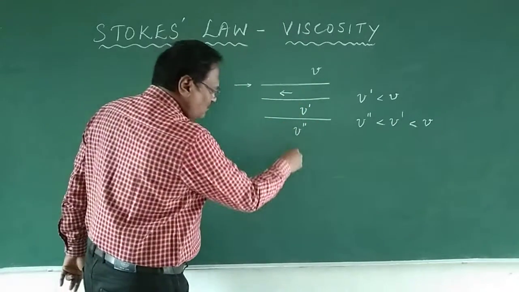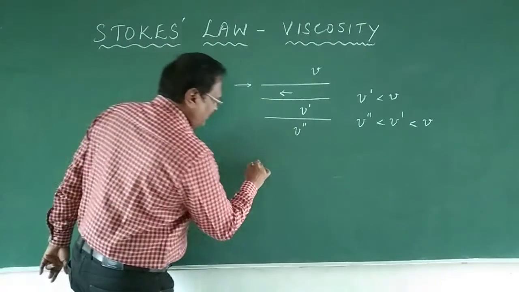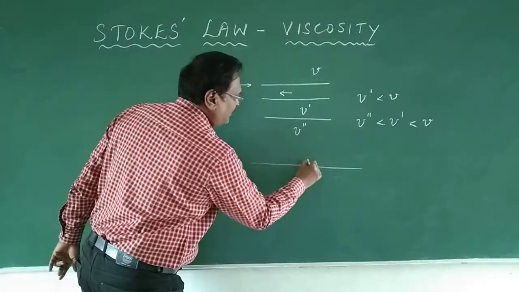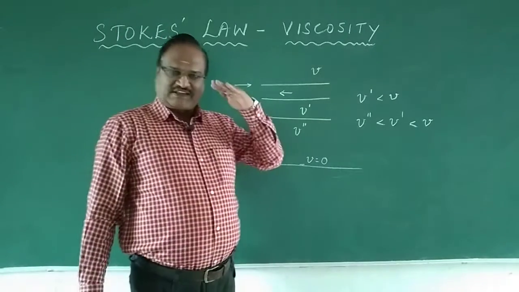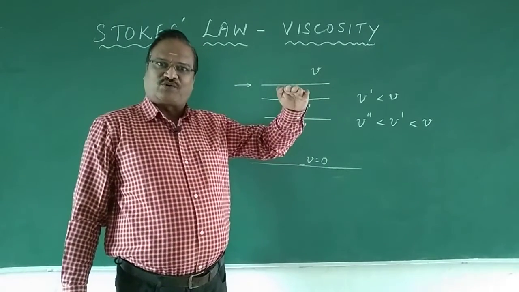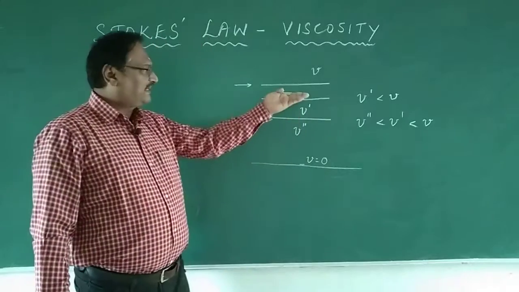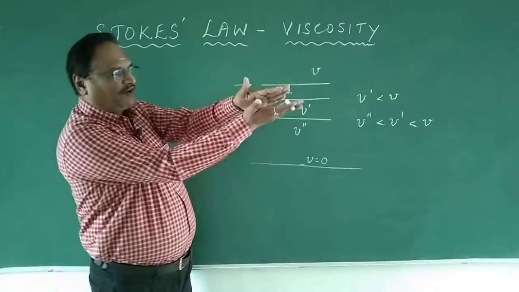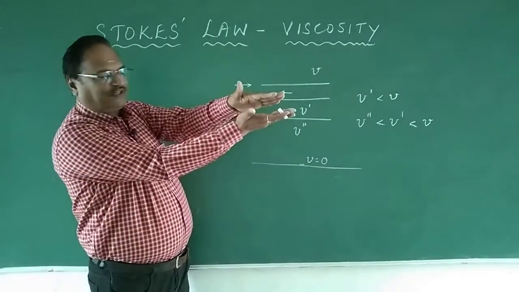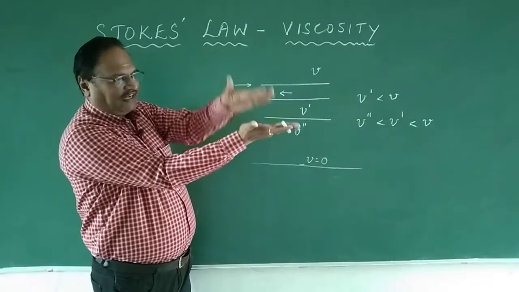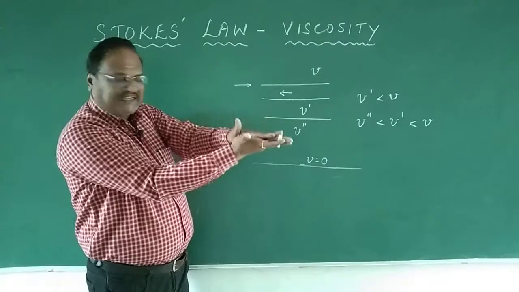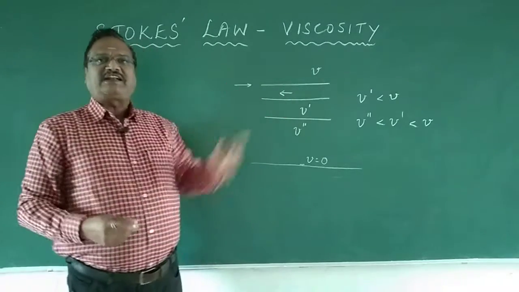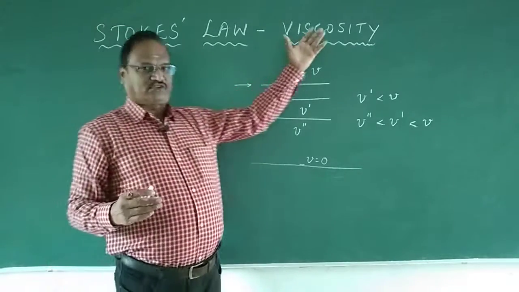So as the layer speed goes on decreasing, at the bottom the layer has velocity equal to 0. So there is a tangential force, which is the external force, and the other force acting in the opposite direction, because we assume the liquid to be made up of layers, and the friction between the layers acting in the tangential direction is called viscosity.